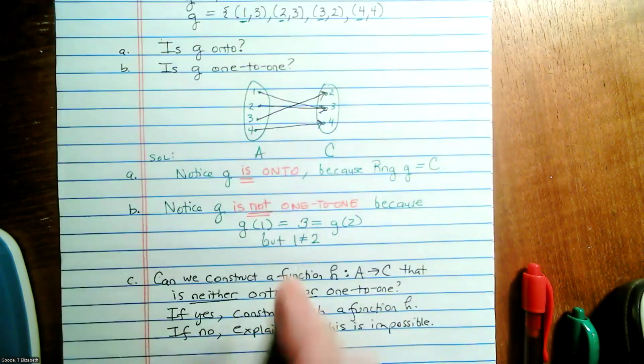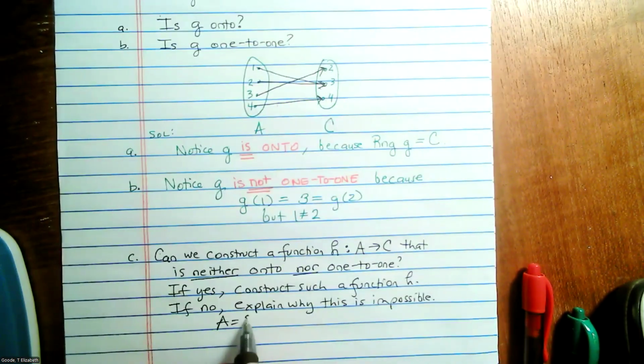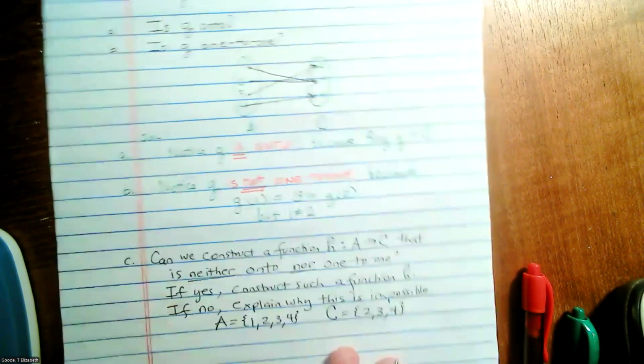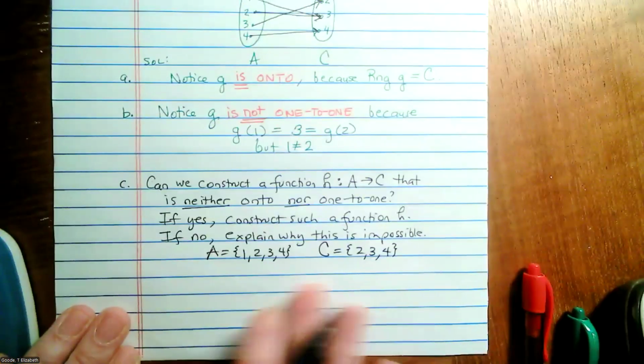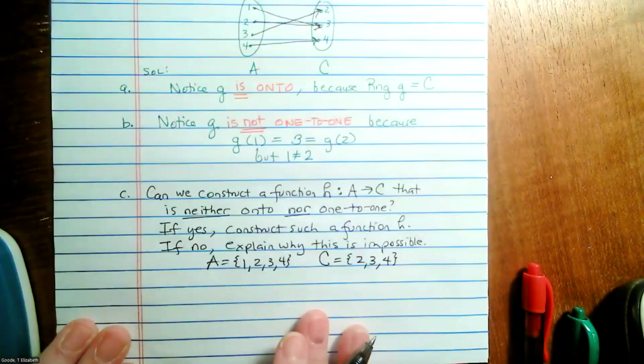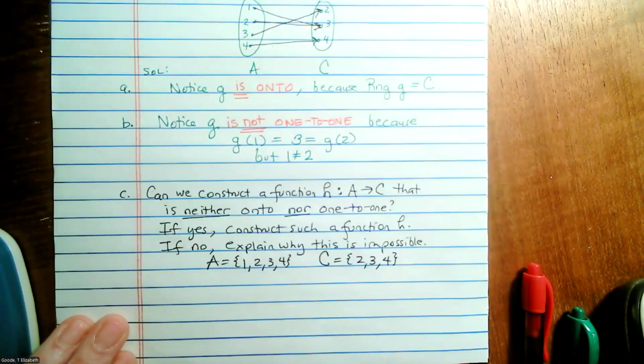So it's the same A and the same C, okay? A is still going to have 1, 2, 3, and 4 in it. C is still going to have 2, 3, and 4 in it. So I heard you say, yes, we can build a function that is neither onto nor one-to-one.